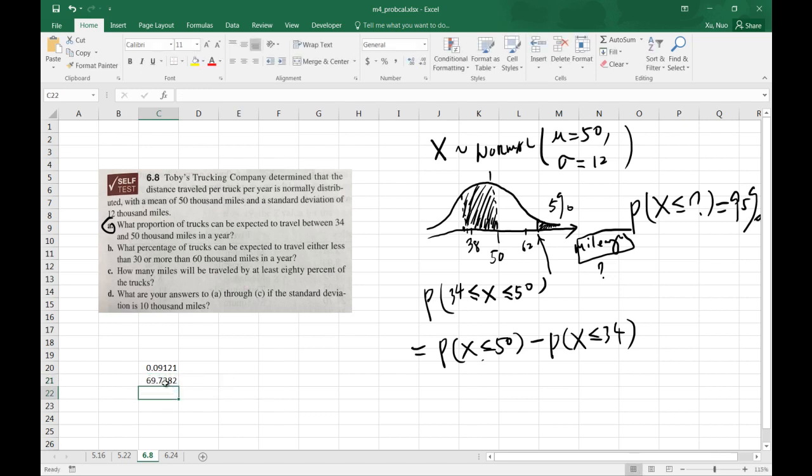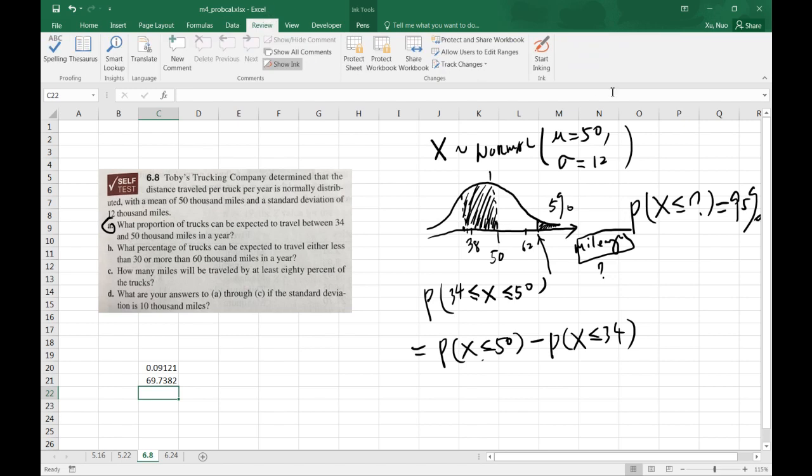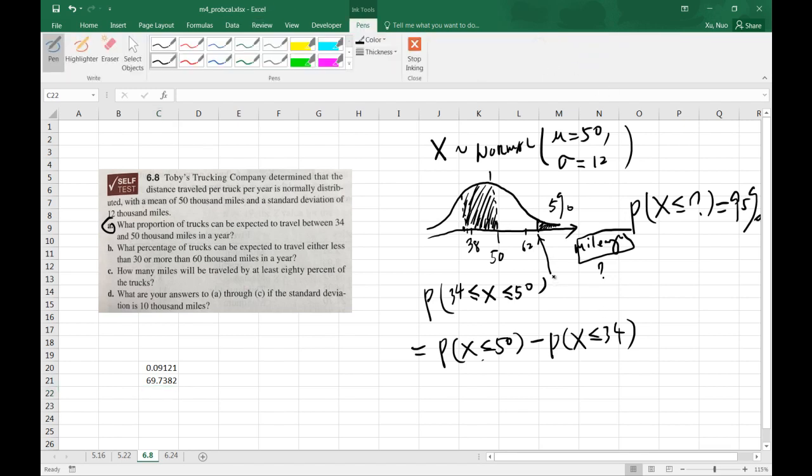So this tells you that this particular point that we were looking for earlier, this value, should be 69.74 miles. Again, the interpretation of that number is only 5% of trucks travel higher than that mileage.